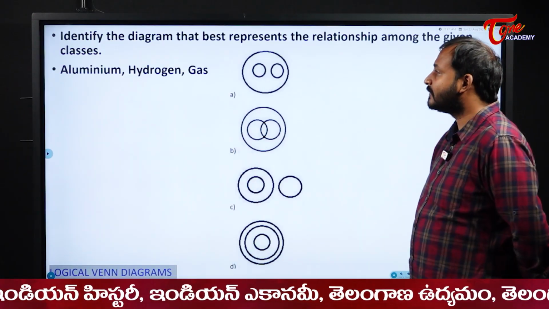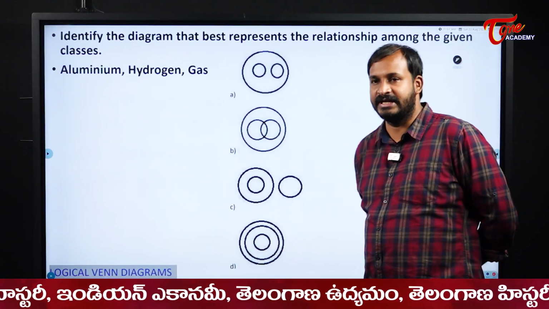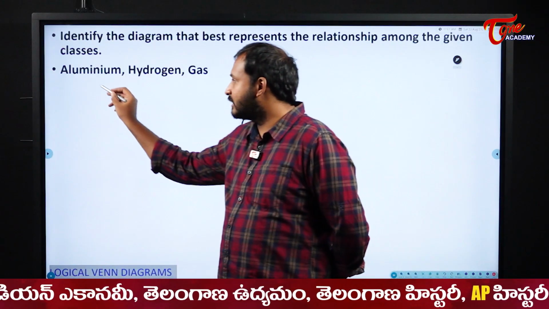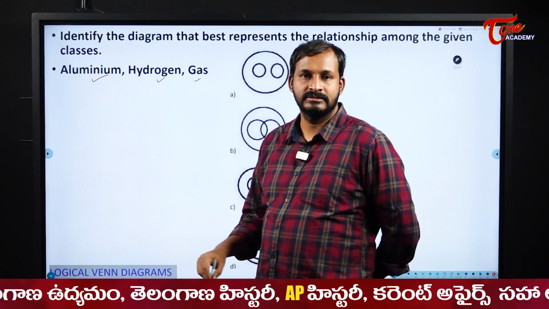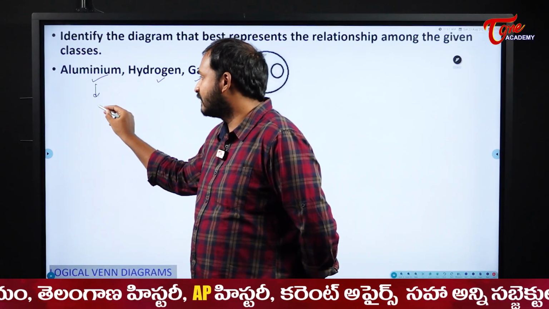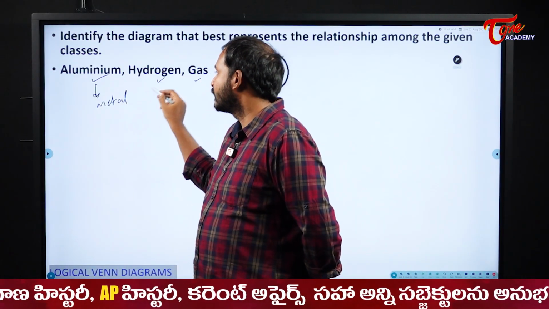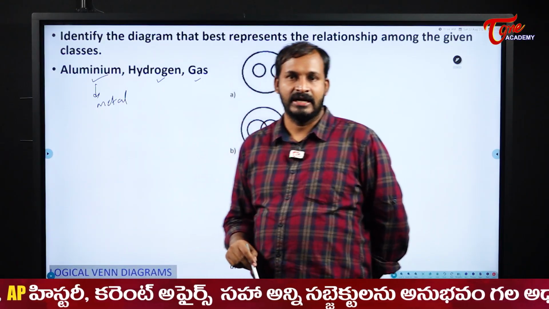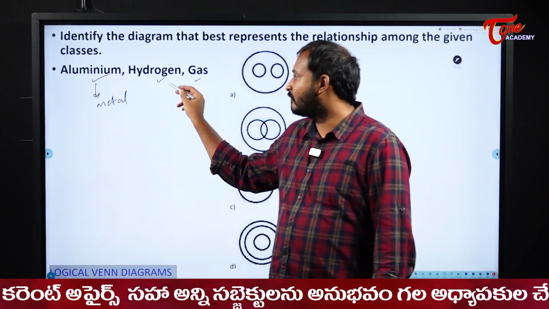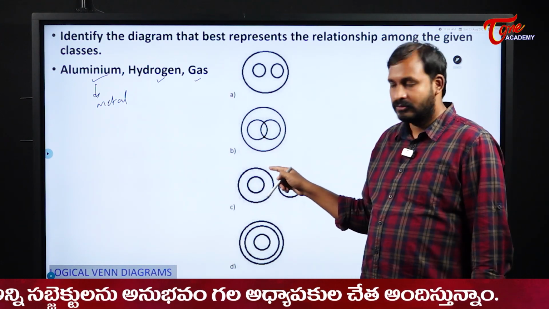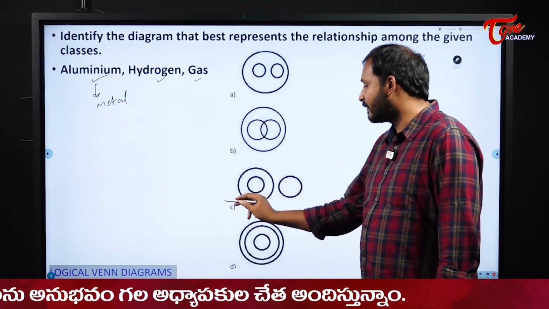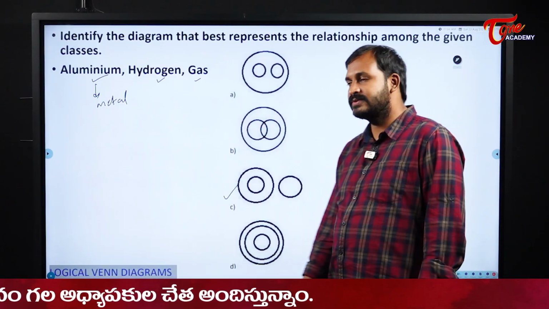Next one. Aluminium, hydrogen and gas. Aluminium is a metal. Yes, sir. Hydrogen is a gas. Yes. So, what will be my answer here? Tell me. Hydrogen completely belongs to gas, and aluminium is separate.